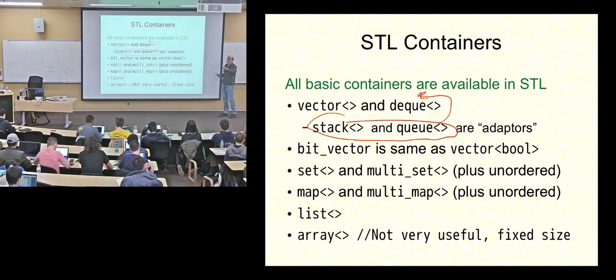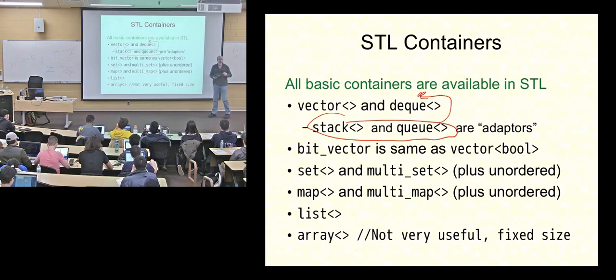Every string that I square bracket is associated with an integer value that I can look up. If I did a multimap, then February could be associated with 28 and also with 29. So multimap allows duplicate keys which map to different values. The unordered versions of these are hash tables, and they run faster.